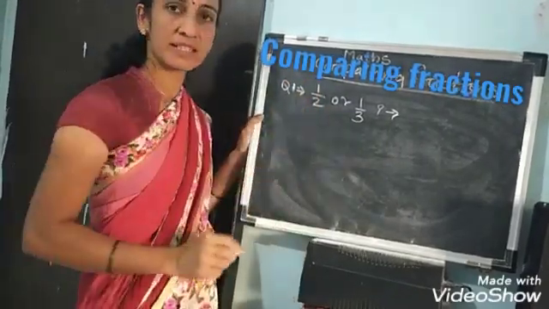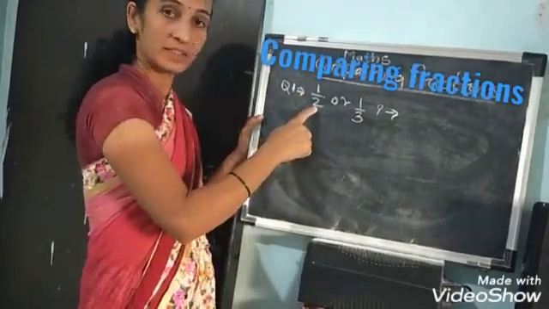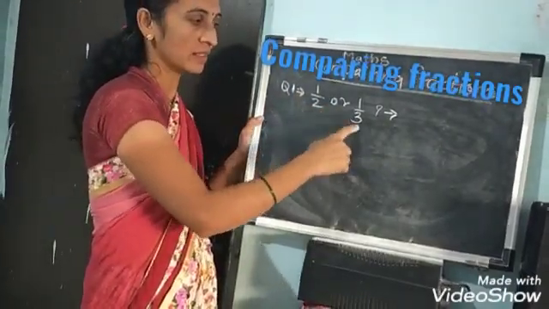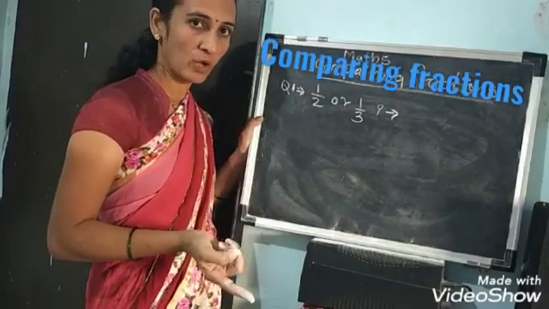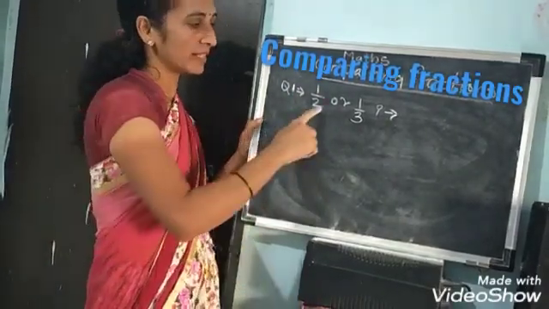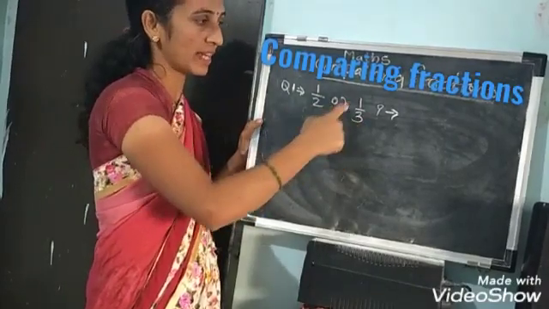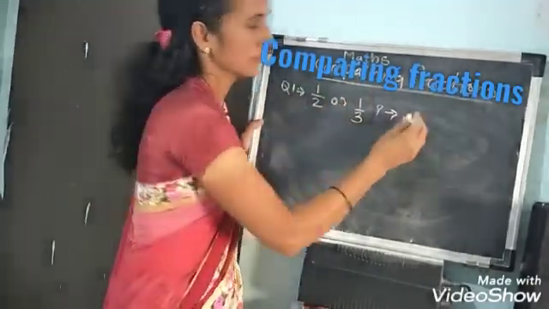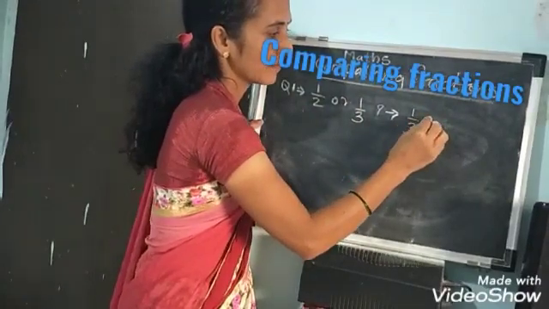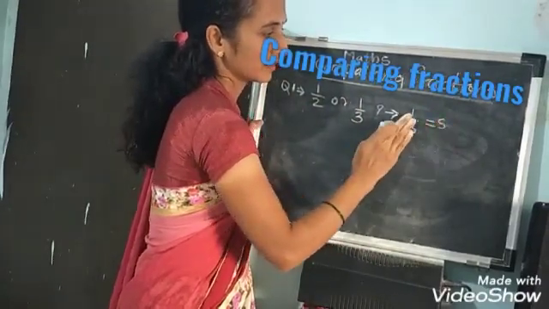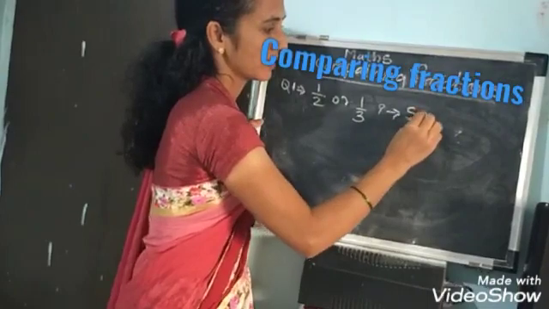The denominator is bigger, that fraction is smaller. Okay, the denominator is bigger. 2 and 3. Which is bigger? 3 is bigger. That means this fraction is smaller. 1 upon 3 is the smaller fraction. Wait, I will write it in this way.